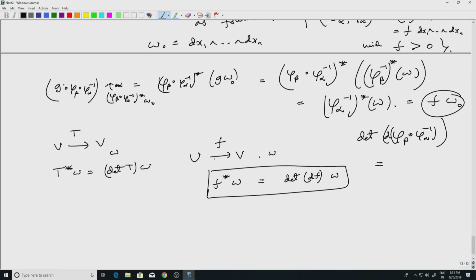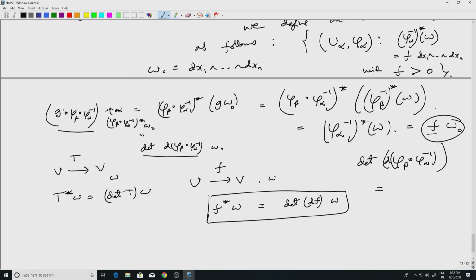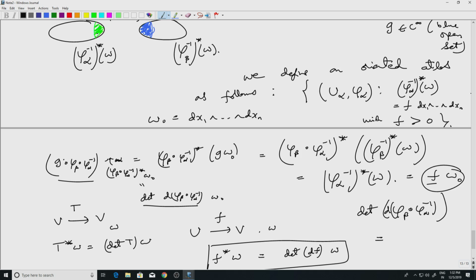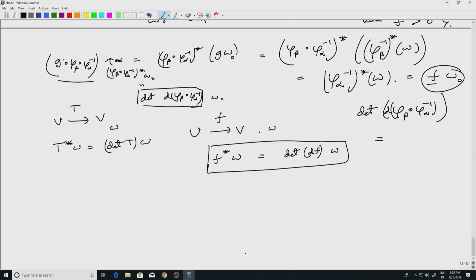So ultimately what we have to observe is that this thing is the determinant of d of phi beta composed with phi alpha inverse times omega naught. So the left hand side will be the product of this, and the right hand side is just f. But since we have assumed both f and g are positive for my atlas, it will force this determinant also to be positive. So therefore I get an oriented atlas.